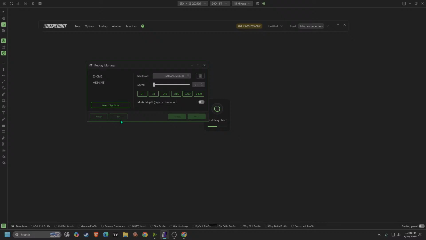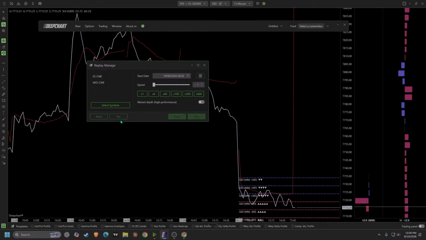So the goal for this stream, which is going to be fairly short, maybe an hour or less in duration, is to just pay attention to the options levels as well as the real-time order flow and see if we can identify some spots that allow us to take a few trades.